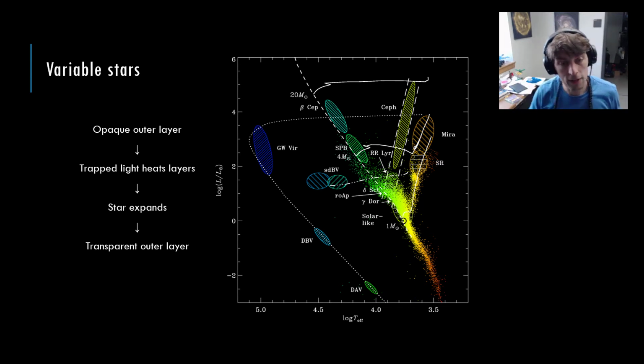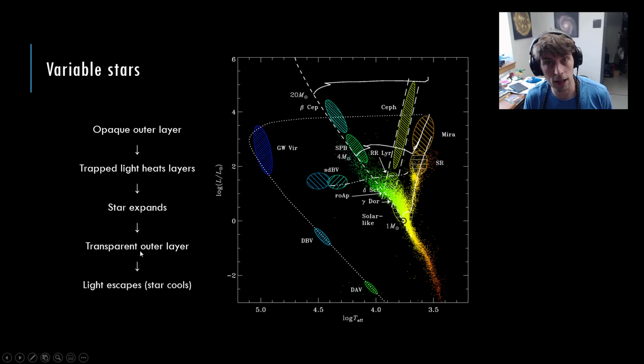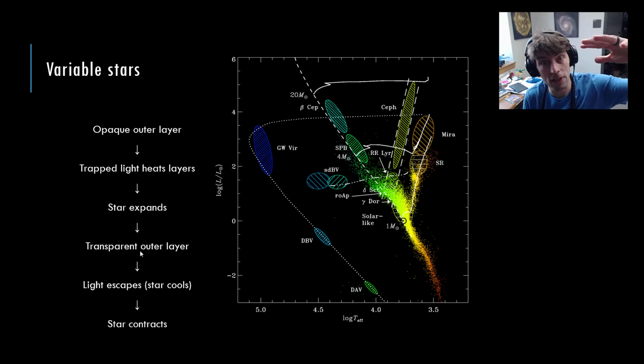As this outer layer becomes transparent, the light is allowed to escape, the outer layer is allowed to cool, and the star starts contracting again, decreasing in physical size. Now, as the star decreases in physical size, as it starts collapsing gravitationally, the temperature of that outer layer starts to go back up.